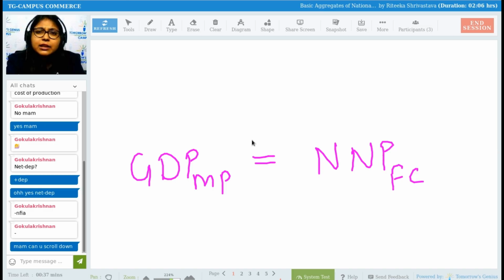If I want only domestic value, then I don't want NFIA, so I'll deduct NFIA. But if I want national value, then I will have to add NFIA to domestic. Third term will always remain as it is. Product. PP is same.